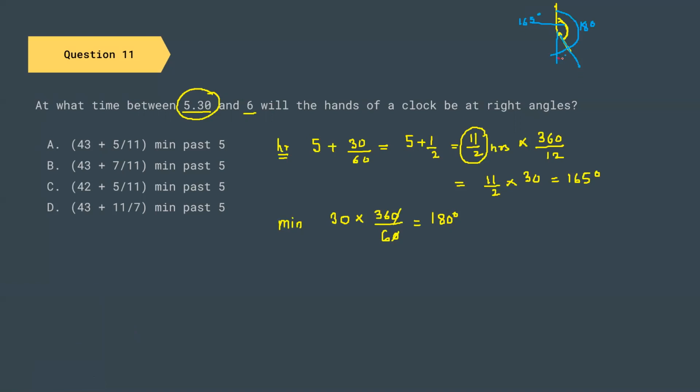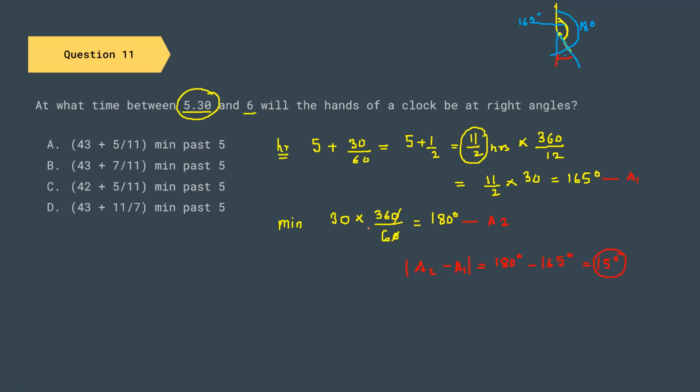If this is angle 1 and this is angle 2, the angle between them will be A2 minus A1, that gives us 180 degrees minus 165 degrees, a total of 15 degrees.